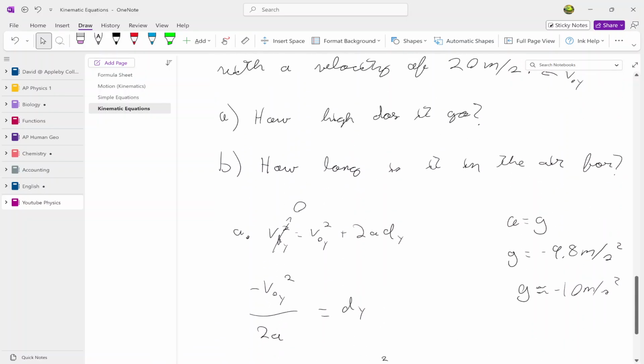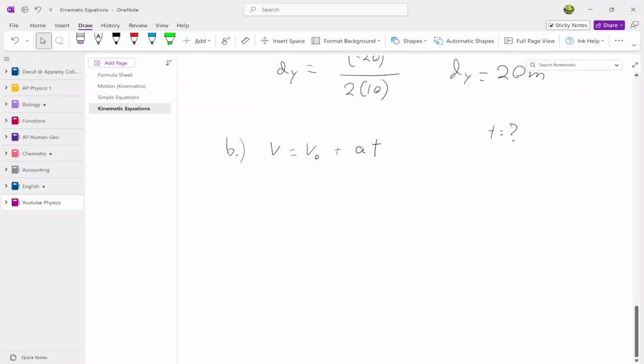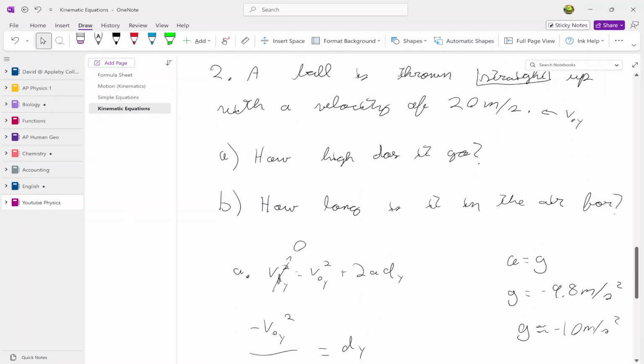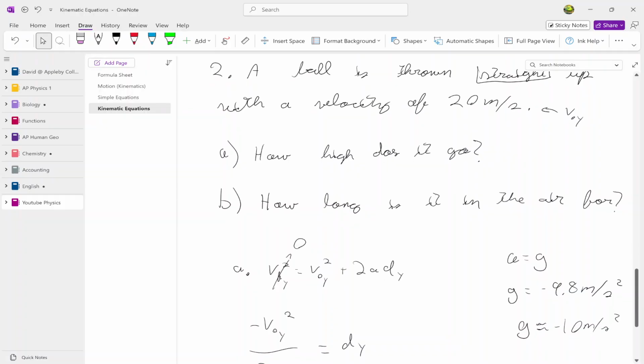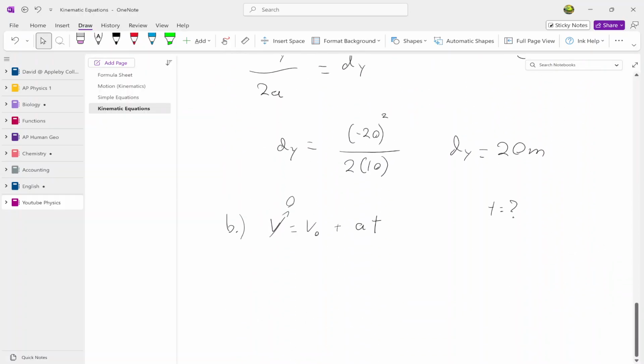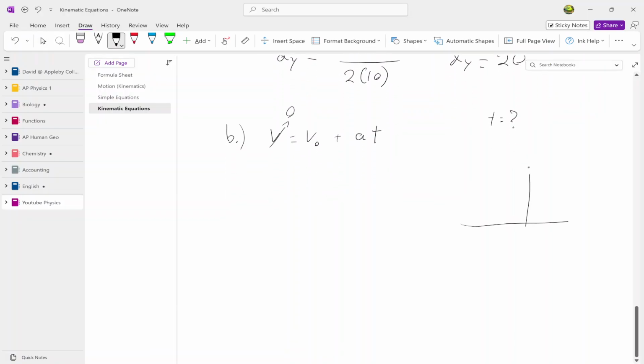V, so this is all in the y direction, so this equals 0. The problem is that's not specified in this question, but obviously we know that V final is going to be 0 because it lands back, right? Because we are assuming that it has a grounding point, so it's going to turn up and then turn down. So when it lands, it has a velocity of 0.